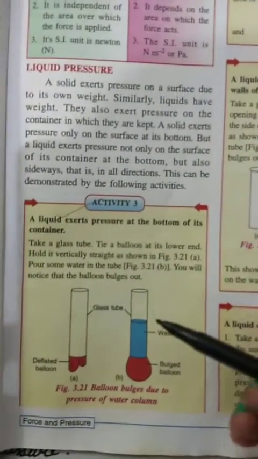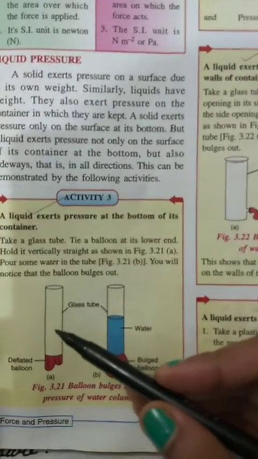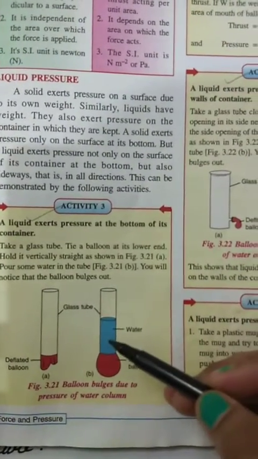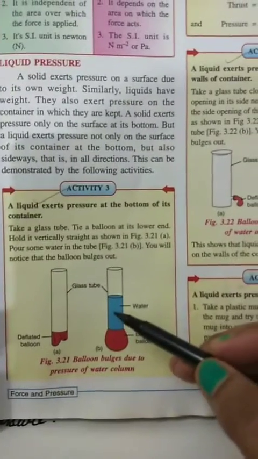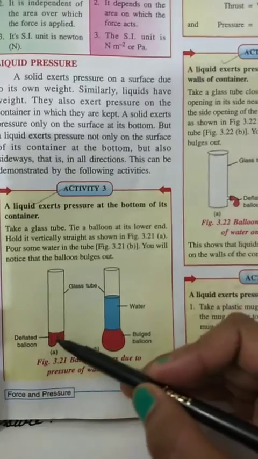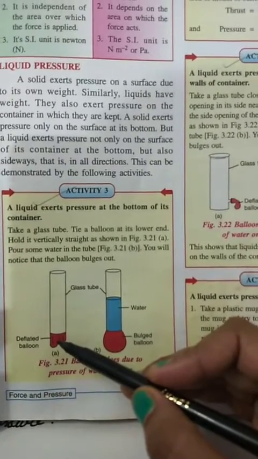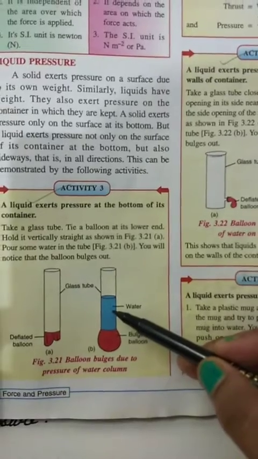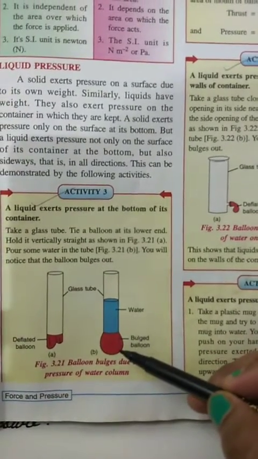The first activity is about liquid pressure. Here two glass test tubes are taken. The first test tube is empty, having a balloon fixed at the bottom, and the second test tube is filled with water, with a balloon at the bottom.